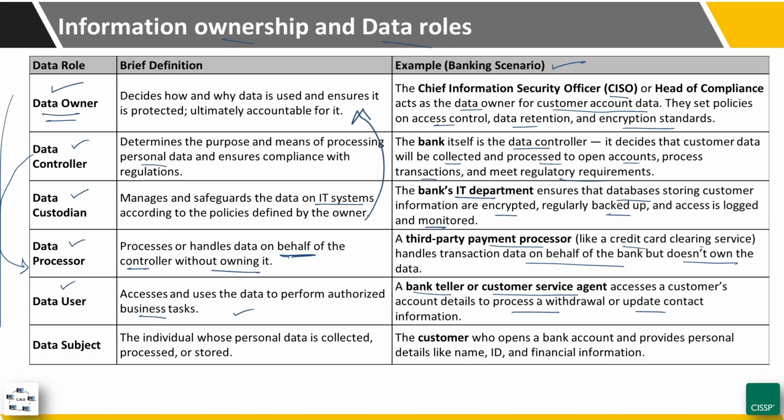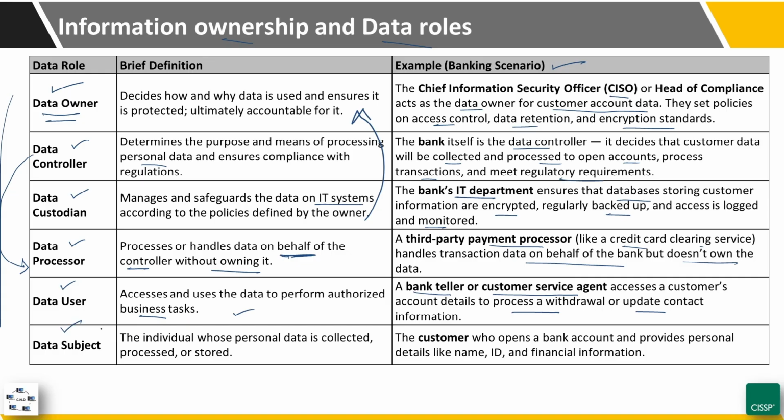So for example, if a customer comes to the bank and wants a withdrawal, the person he goes to is basically the data user, because that person uses the customer data to perform that specific action. So a data user is the one that accesses and uses data to perform authorized business tasks on the data.